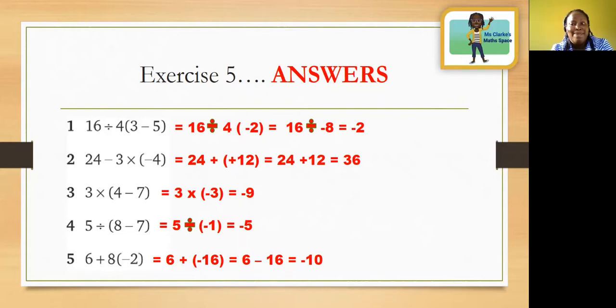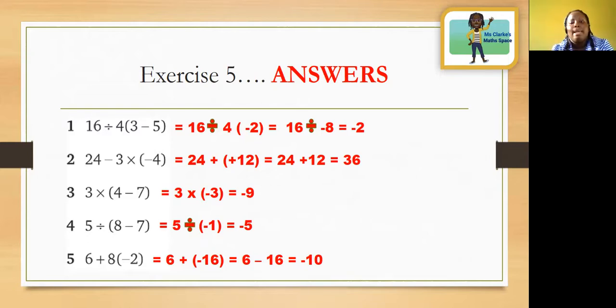But as I'm looking it over now, let me correct it. 8 minus 7 is positive 1, so it becomes 5 divided by positive 1, which is positive 5. So please make that correction there. So the answer for number 4 is positive 5 and not the negative 5 that you see there. My apologies. Question 5, we have 6 plus 8 multiplied by negative 2.